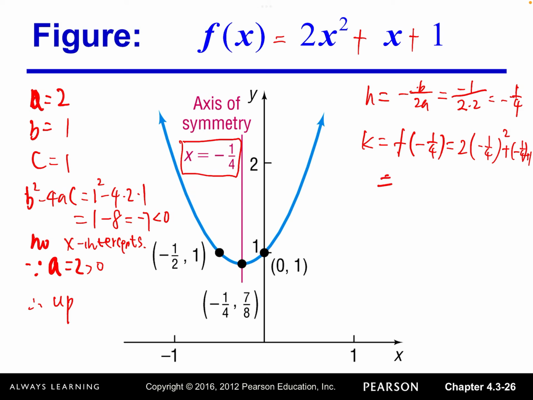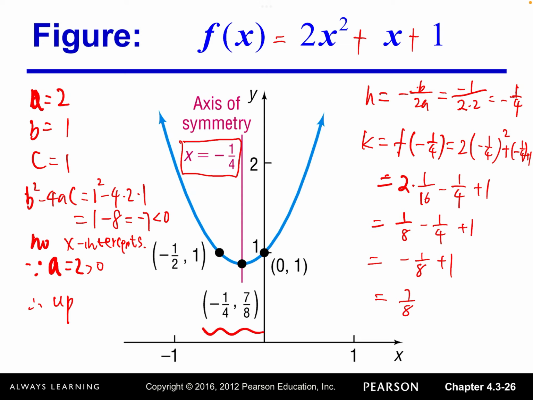That equals 2 times positive 1 over 16, minus 1 over 4, plus 1. That's 1 over 8 minus 1 over 4 plus 1, which is negative 1 over 8 plus 1, positive 7 over 8. So the vertex is (negative 1/4, 7/8).